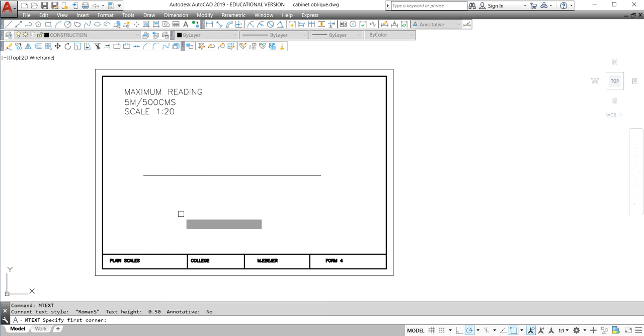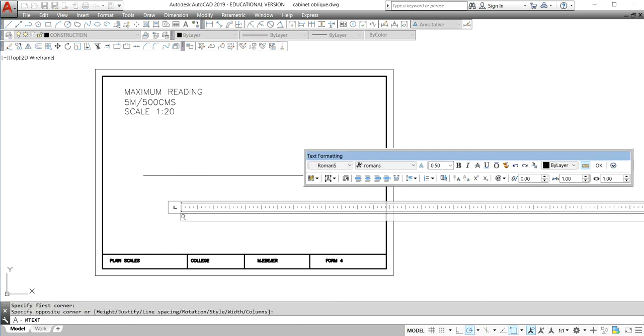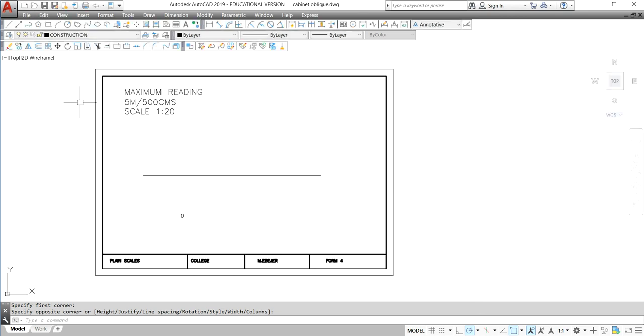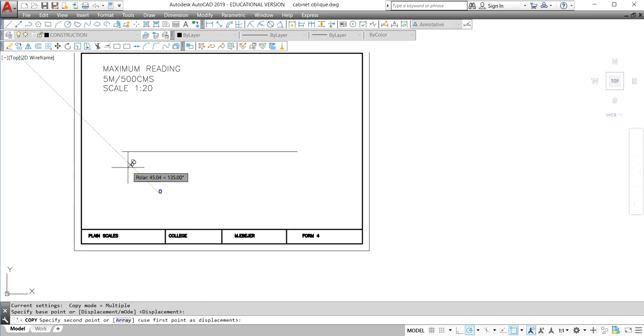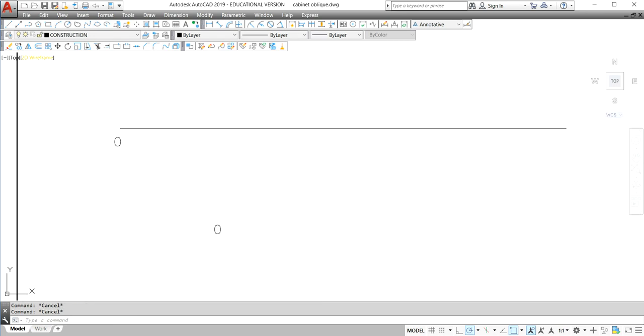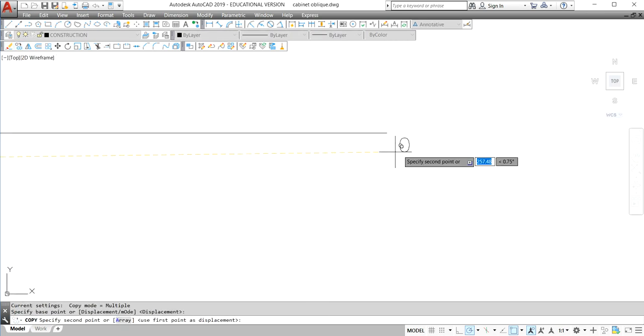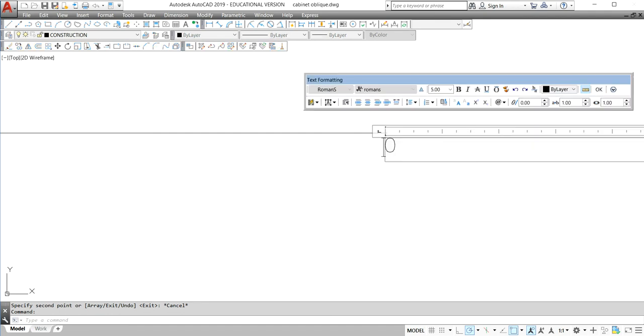At the beginning, we can write 0 like every other ruler, and at the end we write 5 meters because this line is representing 5 meters.